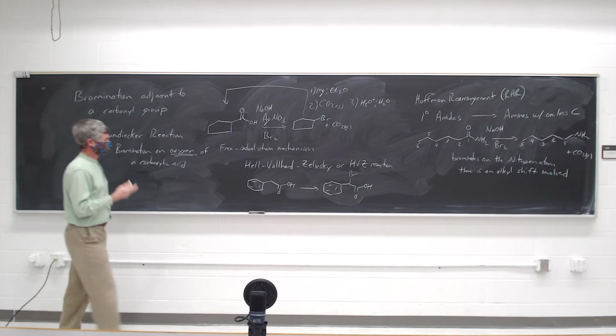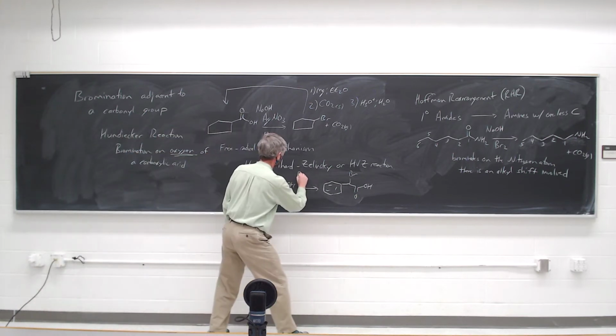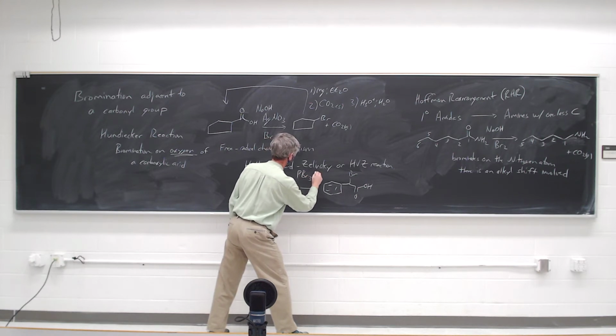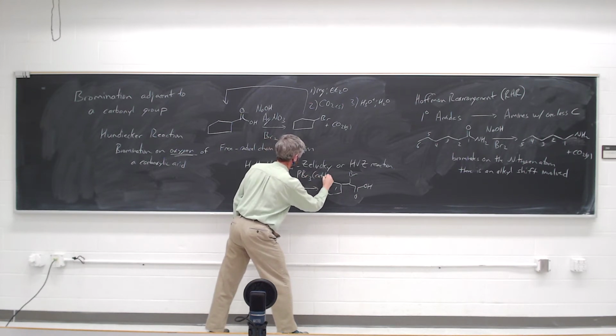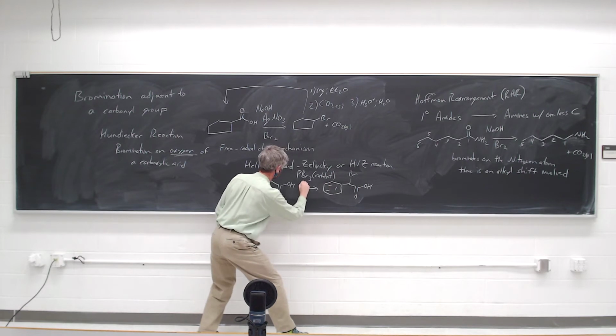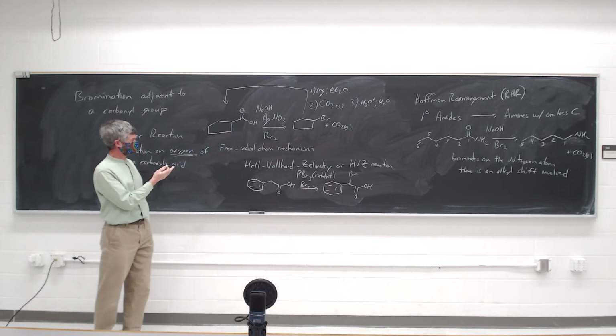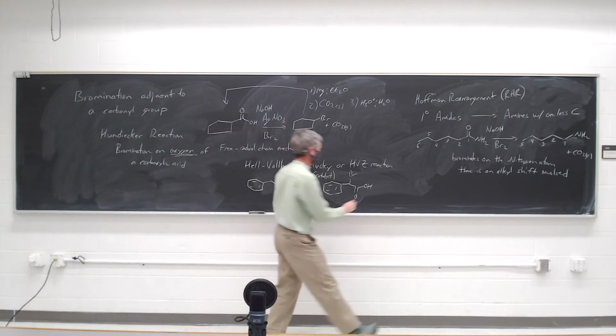And the reagents for this are PBr3, catalytic, and bromine. And it actually goes through the acid bromide as an intermediate.